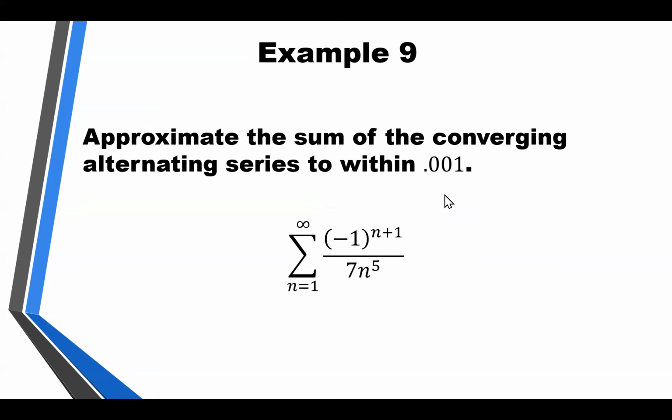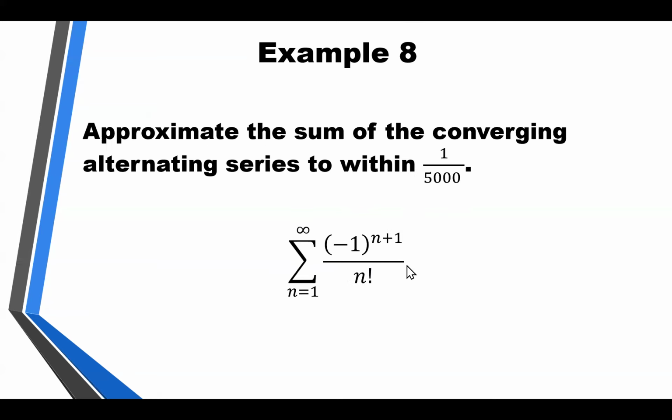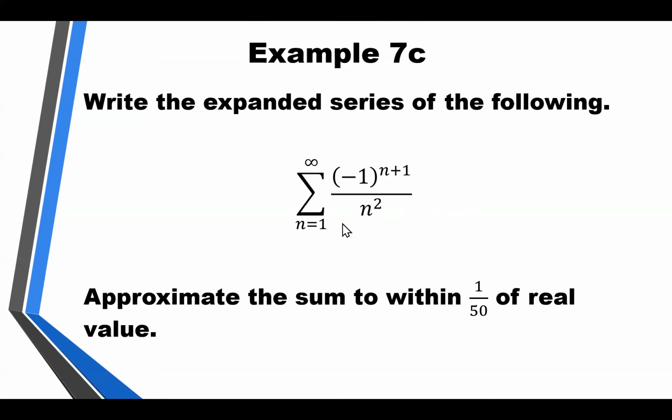And to approximate within 1/1000th, we took the first 2 terms here. So what I'm saying is that in some alternating series, you can get to some really, really low values quickly. And in other alternating series, it might take you a while to get really good approximations within like 0.001.